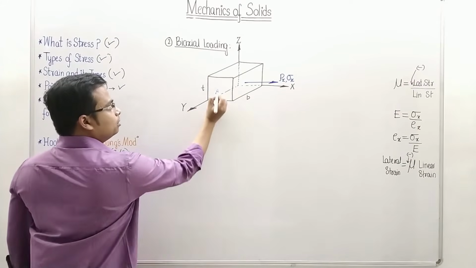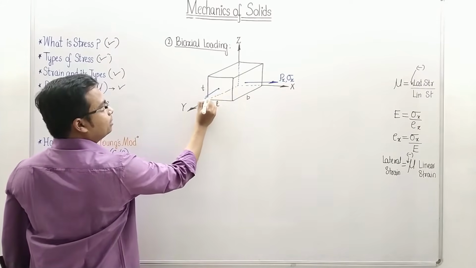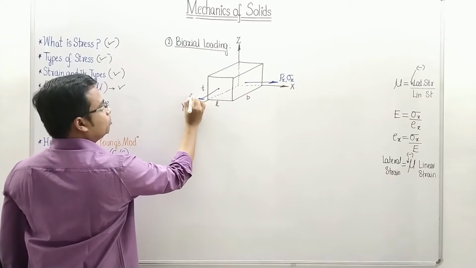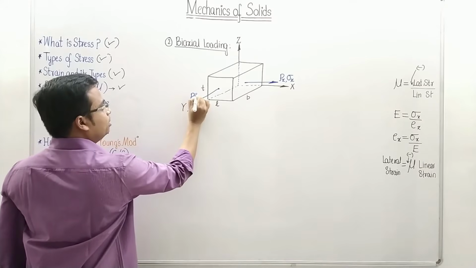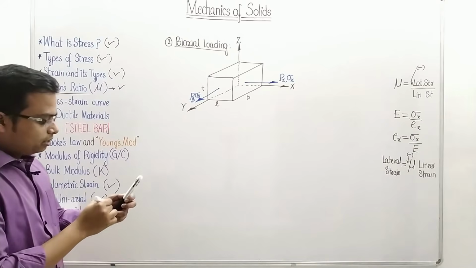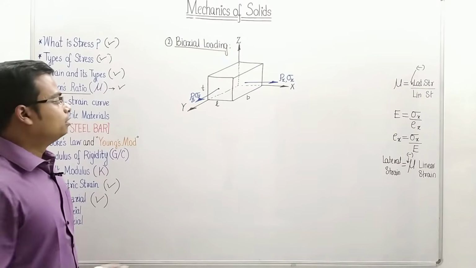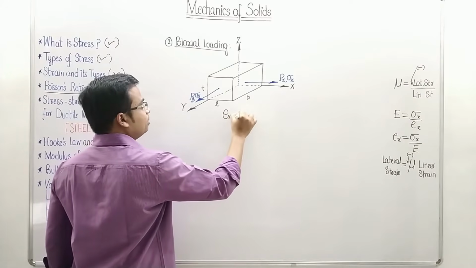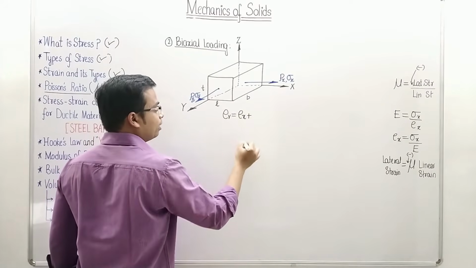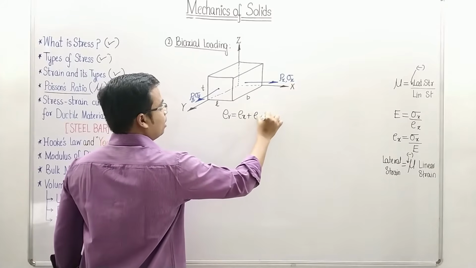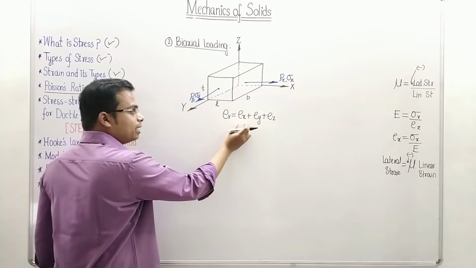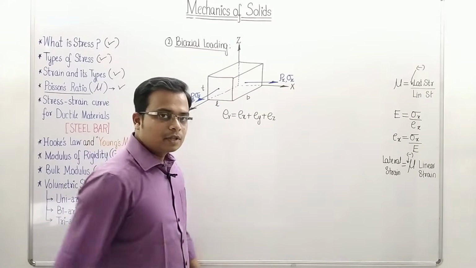In the same manner, the load applied along the y direction is Py, and the corresponding stress generated is sigma y. Now let's analyze this. We want the volumetric strain. Volumetric strain EV is the sum of the strain along x, y and z. Individually we will be calculating Ex, Ey and Ez.